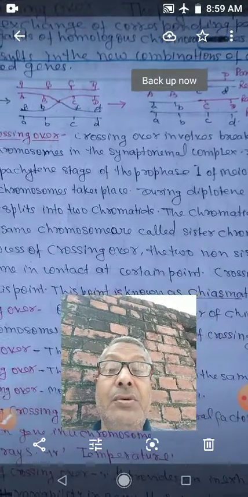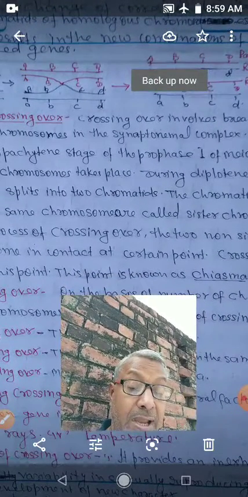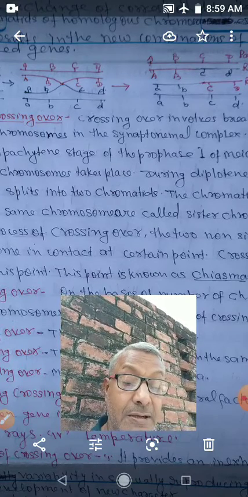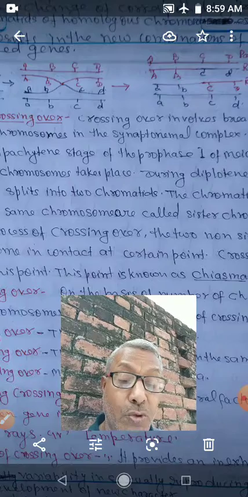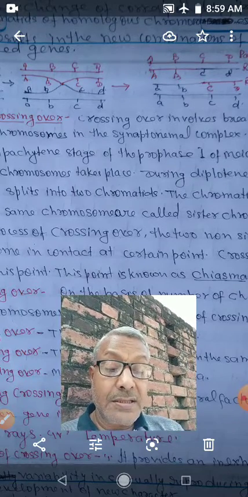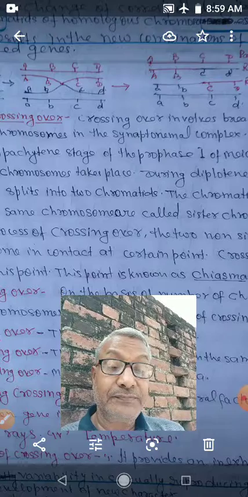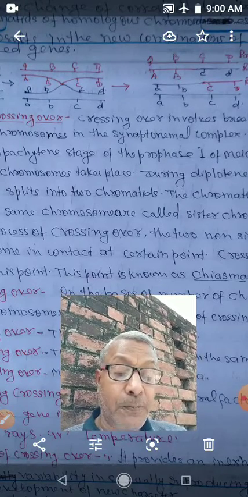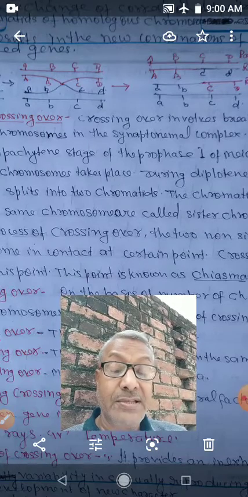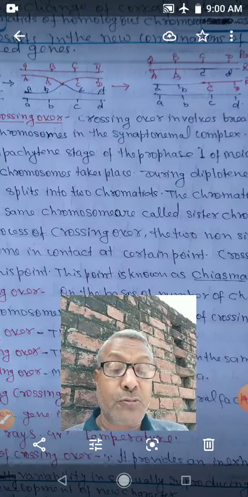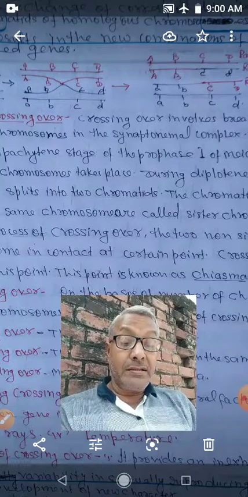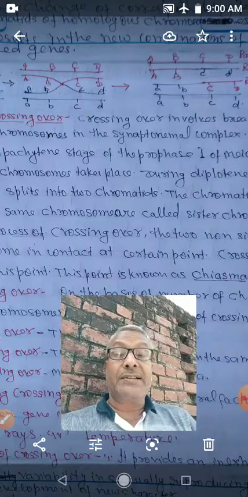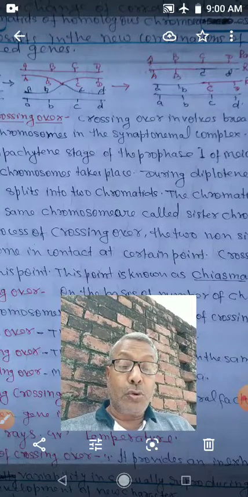So children, you have to see what is the mechanism of crossing over. Crossing over involves breaking and rejoining of chromosomes in the synaptonemal complex. I told you, during zygotene and pachytene stage of prophase 1 of meiosis, pairing of homologous chromosomes takes place, and during diplotene each chromosome is split into two chromatids.